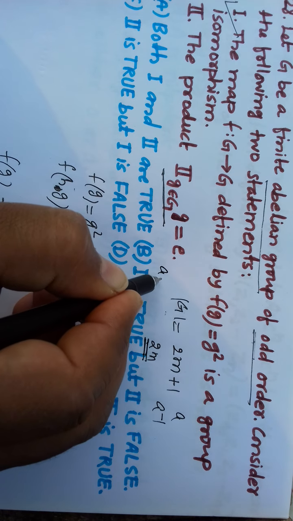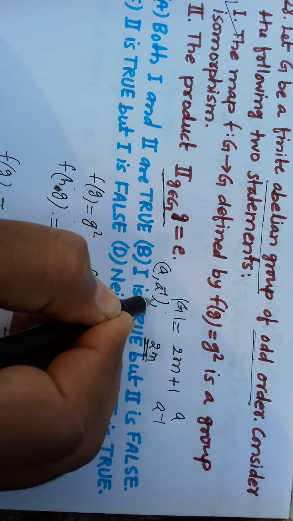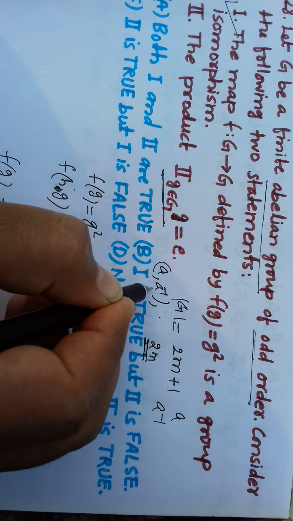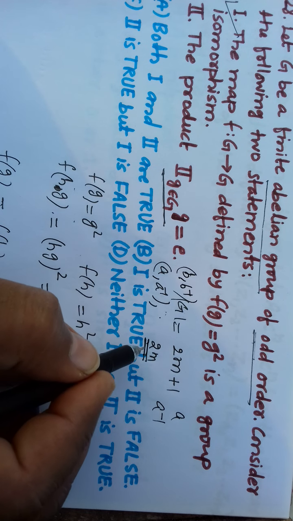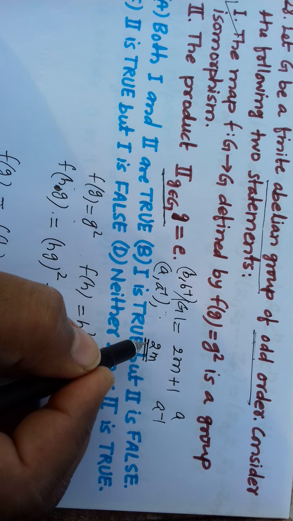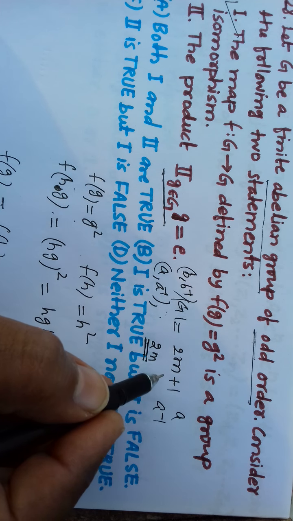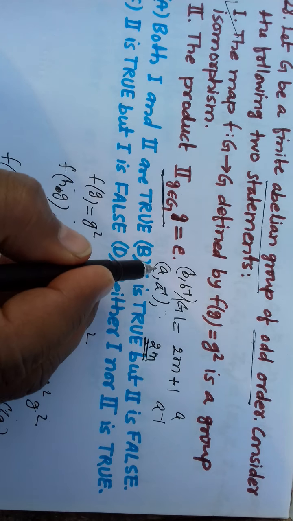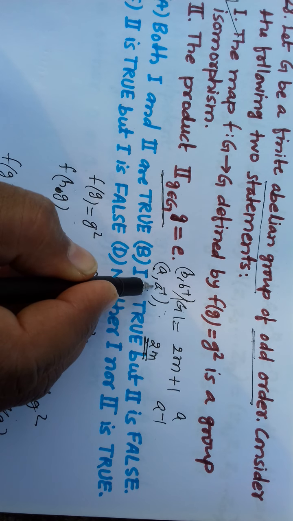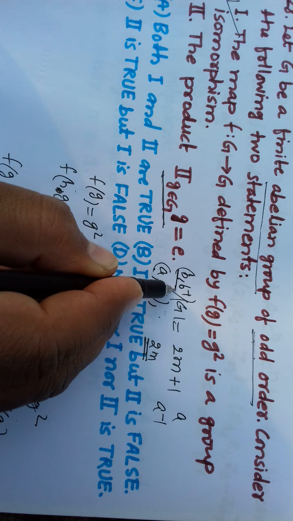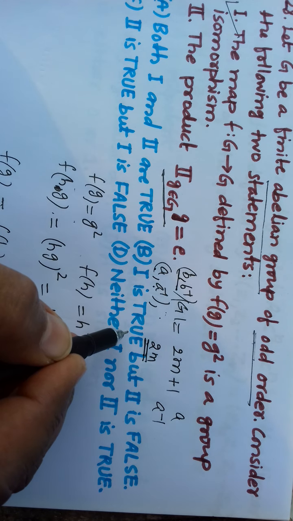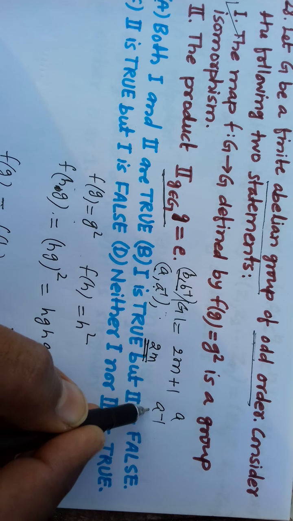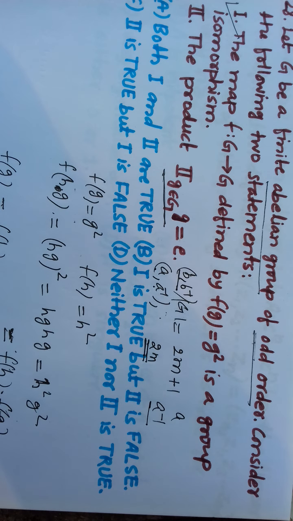If you pair them in such a way, a, a inverse, b, b inverse, this means that half of the elements and the remaining half are inverses of each other, and the product of an element and its inverse is E. Similarly, the product of the second element and its inverse will be E, and all such pairs will be E, and the identity element, as I said, already has order 1.